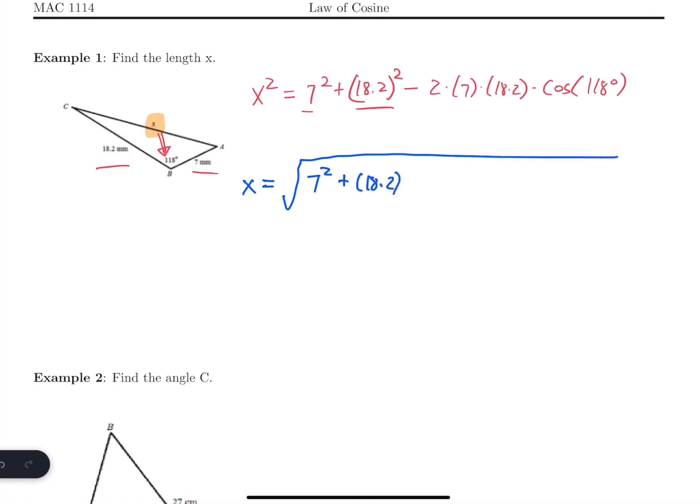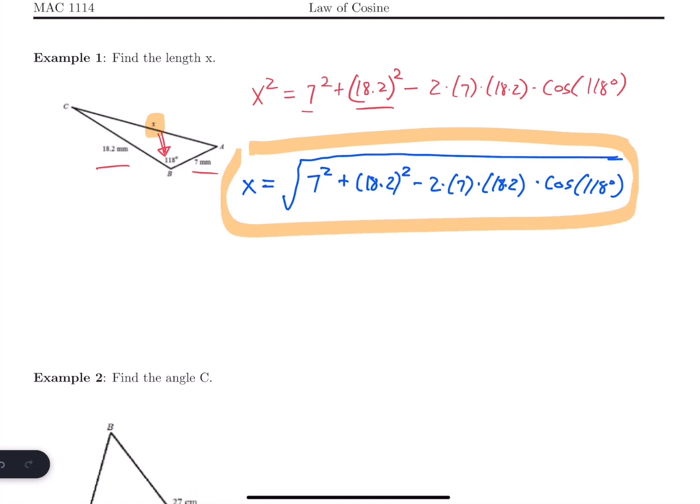So x equals the square root of 7 squared plus 18.2 squared minus 2 times 7 times 18.2 times cosine of 118 degrees. This is the acceptable answer for us. This is all you need to write.